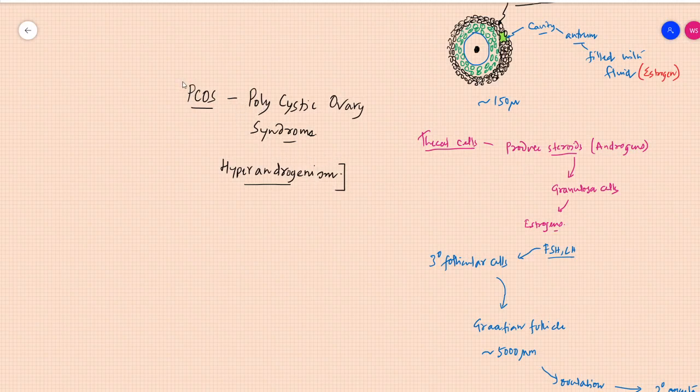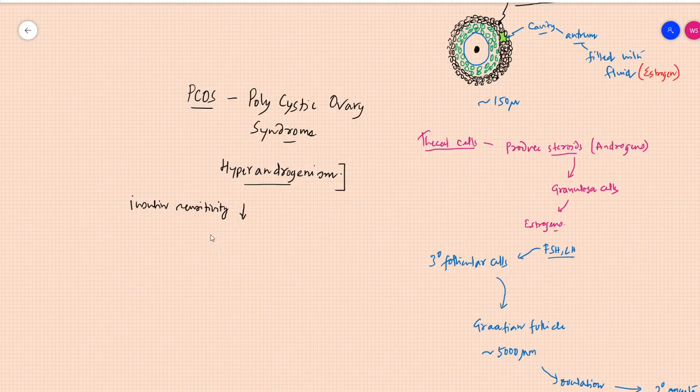So how is this treated? So in polycystic ovarian syndrome, there is hyperglycemia, okay, meaning insulin sensitivity of the ovaries is decreased.